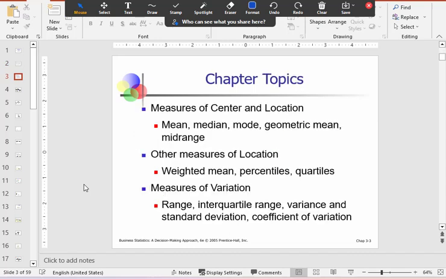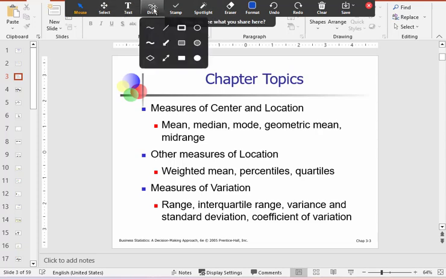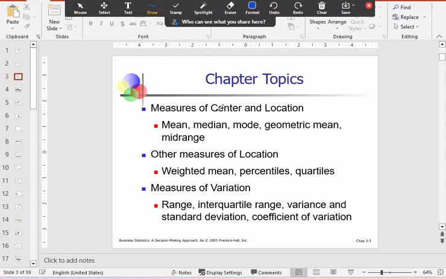First, now we'll name these topics. The first topic that we are going to study is the measure of center and location. Center itself is a location.